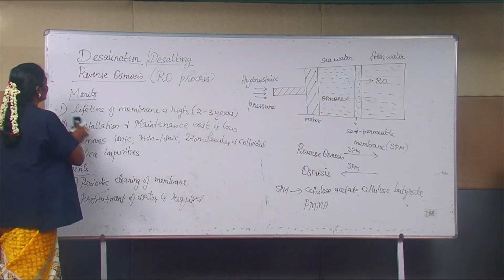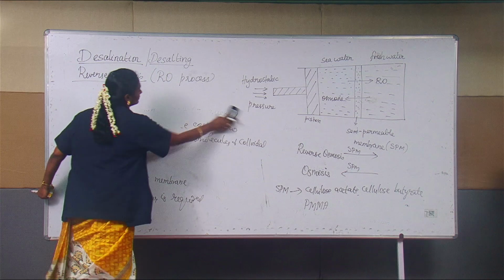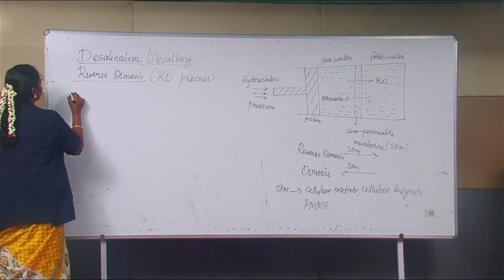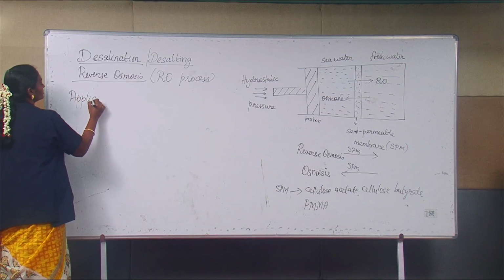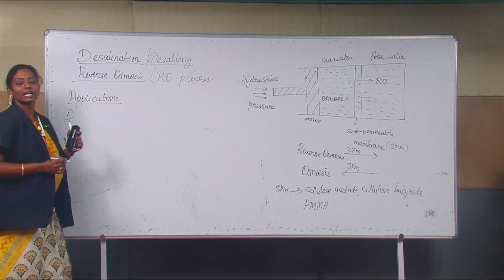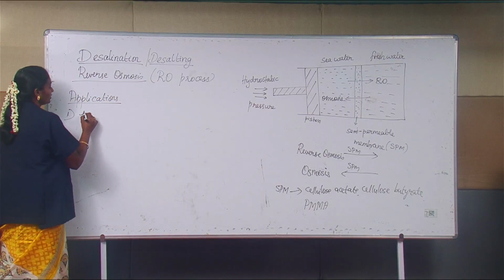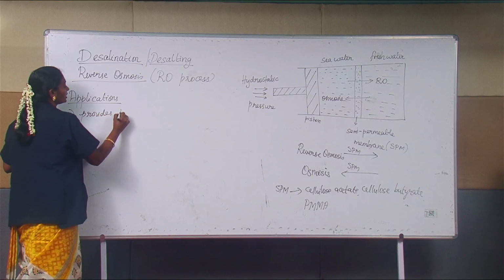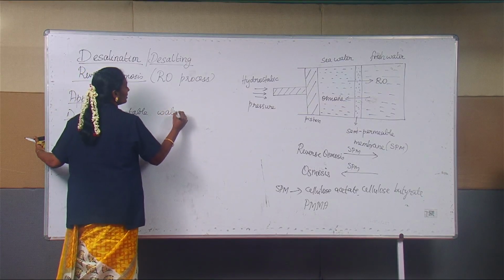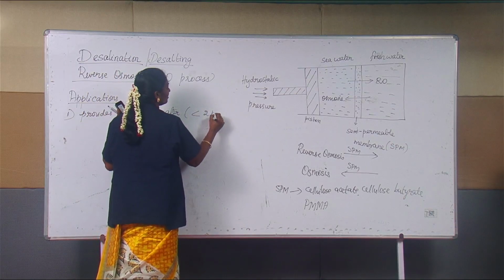We shall see the uses of the RO process. Applications of RO. It helps us provide drinking water, which we call potable water, with very low hardness. Potable water is nothing but drinking water with less than 2 ppm hardness.